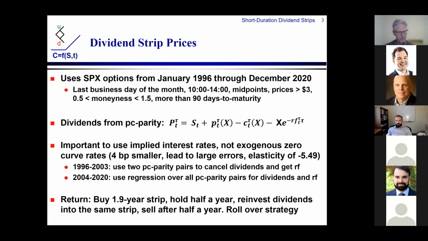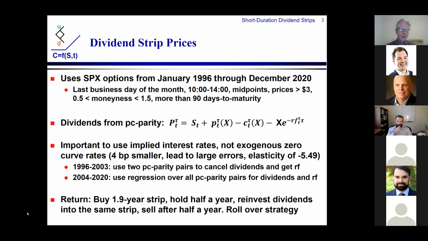So you're combining every available pair with every other available pair to get two pairs. From that, you cancel the dividend, you get a risk-free rate estimate. You do that for the whole day, you get many of those, and you take the median essentially. That is our market implied interest rate, and we're strongly advocating that this is a good method, and that using these implied interest rates is actually improving results.